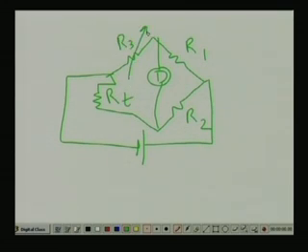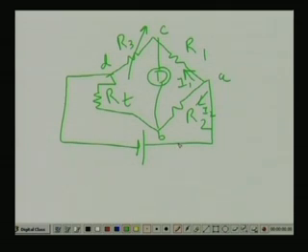We make R3 variable and this is the potential source. Suppose this point is A, this is B, this is C, this is D, and suppose this current is I1 and this current is I2.